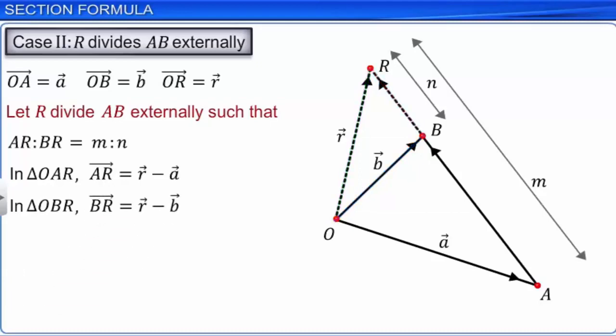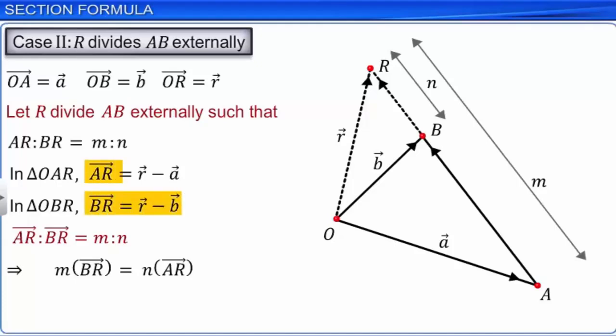Since the ratio AR is to BR is equal to M is to N, we can say that M into vector BR is equal to N into vector AR. Let us substitute the values of vectors BR and AR in the equation.